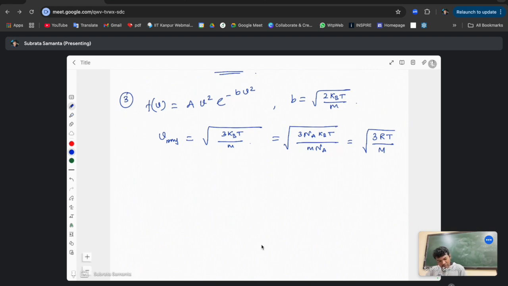So that means v RMS is proportional to the square root of T, where R is constant and M is given. That is already known: for a fixed molar mass, this varies with the temperature as the square root of T.